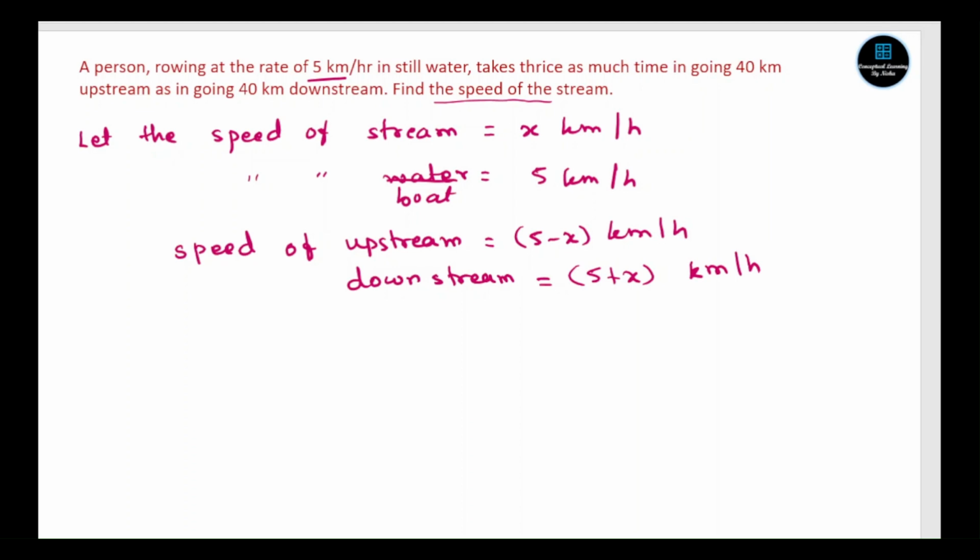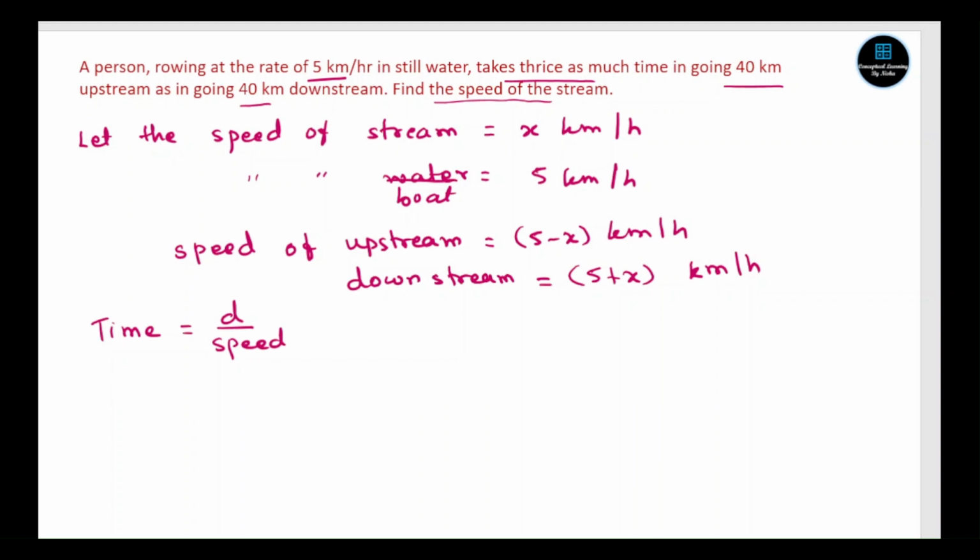Now we are given this distance: going 40 kilometers upstream and coming 40 kilometers downstream. So now we have to write this in terms of the distance value. They have given that it takes thrice as much time for upstream as for downstream. So time equals distance upon speed, right?